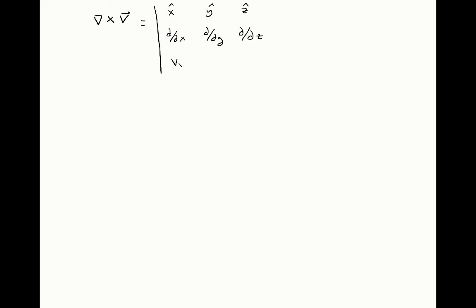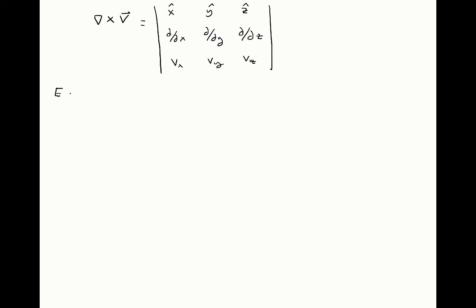And then you have the x, y, and z components of your vector field. Okay, and you can write this out the long way in general. I prefer to just remember things this way. It's really easier than remembering some long drawn out formula, for me at least.